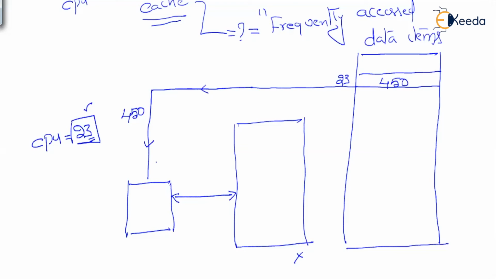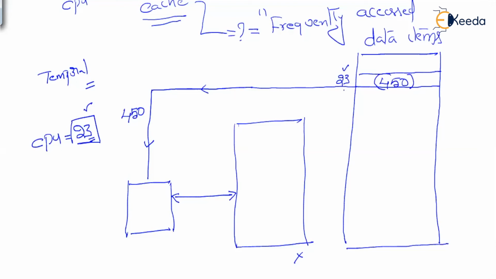Now here, try to understand. In temporal locality, the word which is accessed currently might also be accessed in the near future. Which is the word that is accessed currently? The address 23, the word is 450.